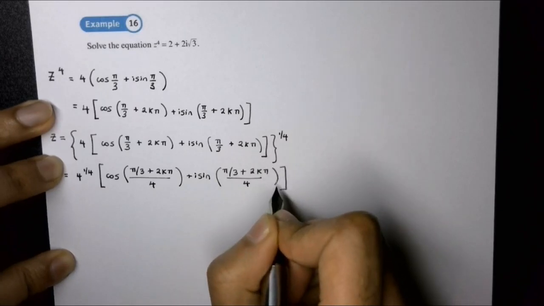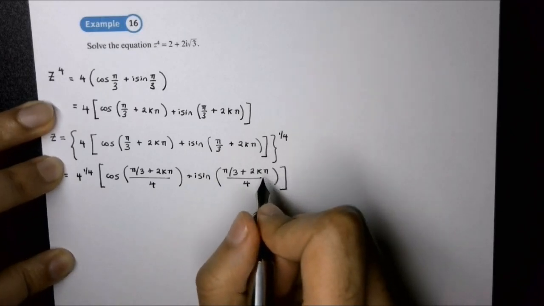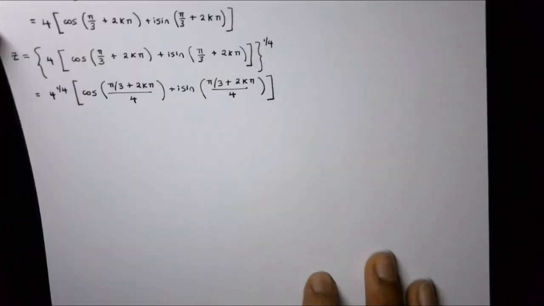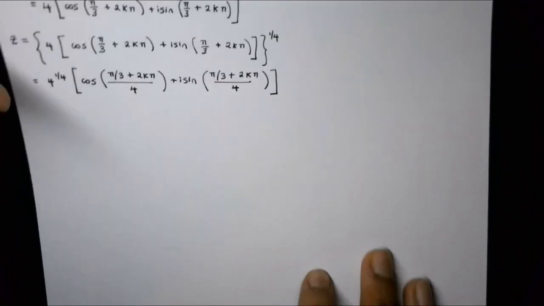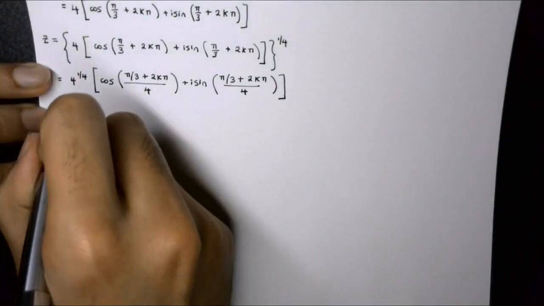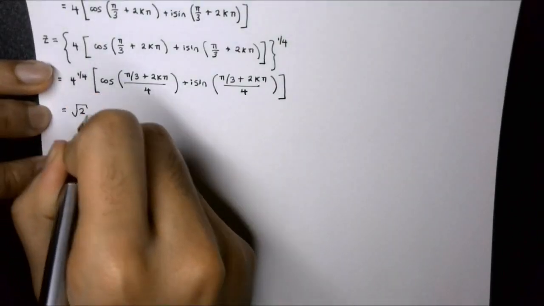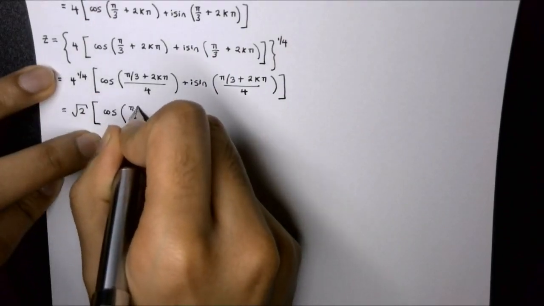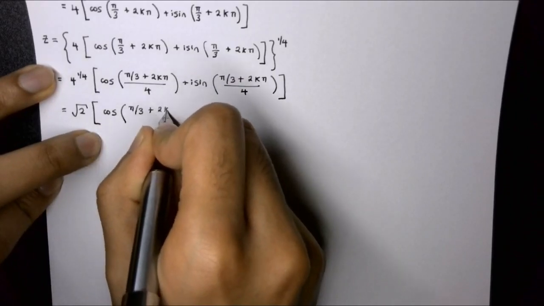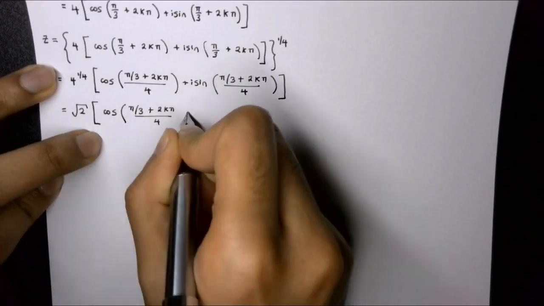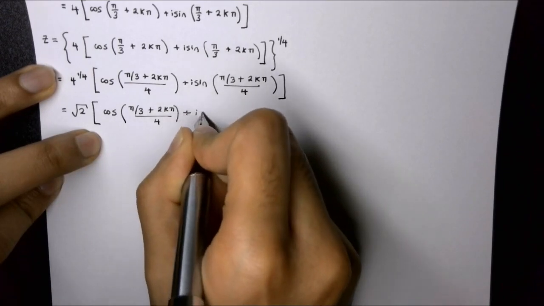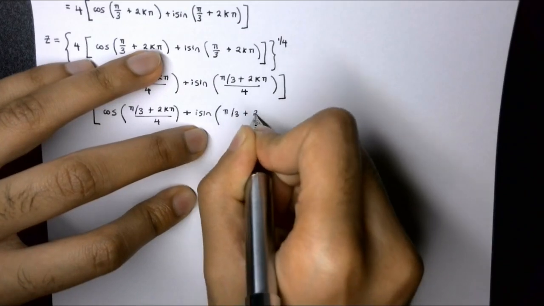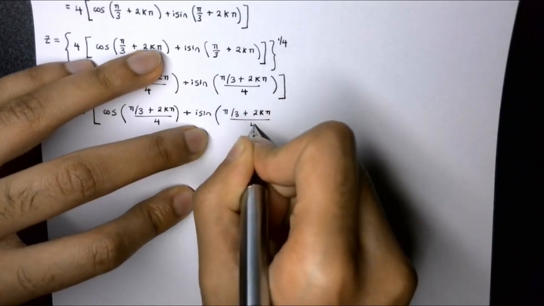Okay, so all I've just done over here is use De Moivre's theorem. 4 to the quarter, well, that's going to be root 2. So over here we have root 2 multiplied by the cosine of pi over 3 plus 2k pi over 4 plus i times by the sine of pi over 3 plus 2k pi over 4.